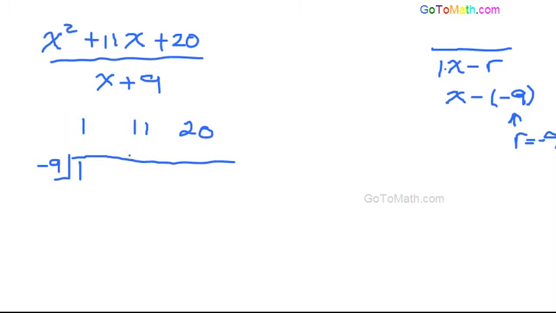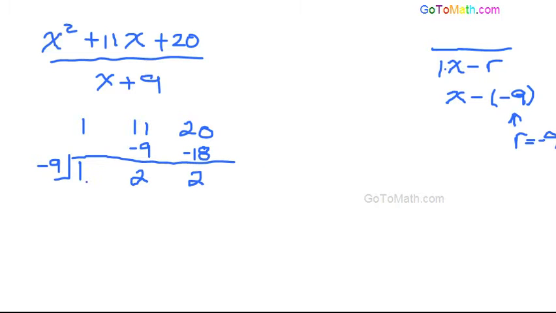To get this number, take this negative 9, multiply it by 1, and you get negative 9. Then we take the difference here, and that's just going to be 2. And then we do it again. Negative 9 times 2 is negative 18, and then we end up getting 2 again.